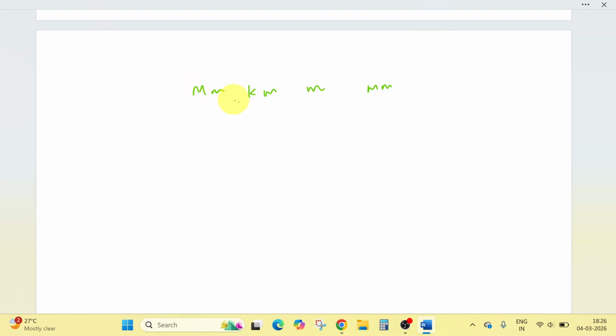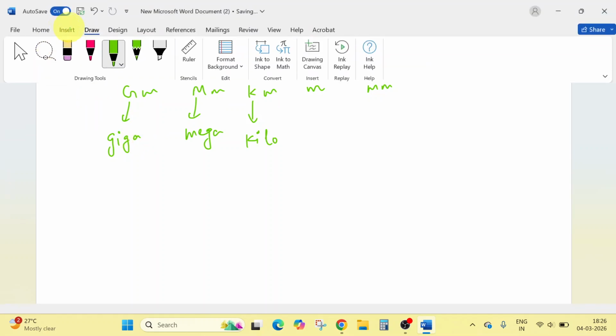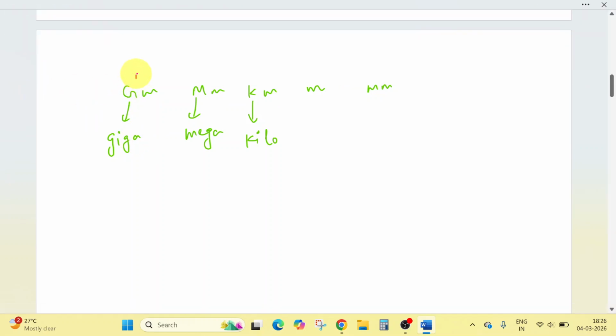This K is kilo, this M is mega, and it is giga. GM, giga. Now this gap is 1000. This gap is also 1000. All the gaps are 1000.